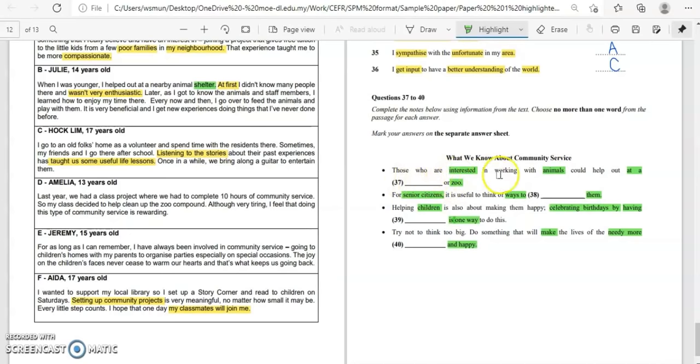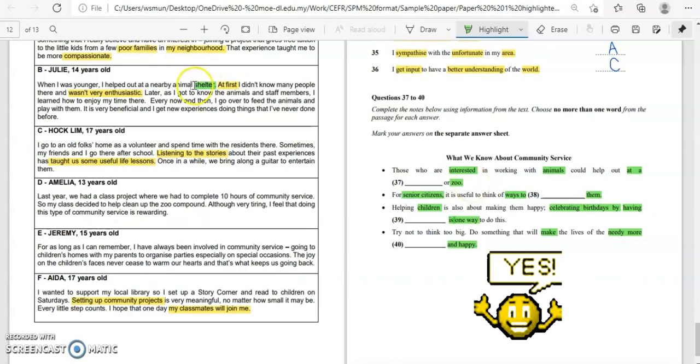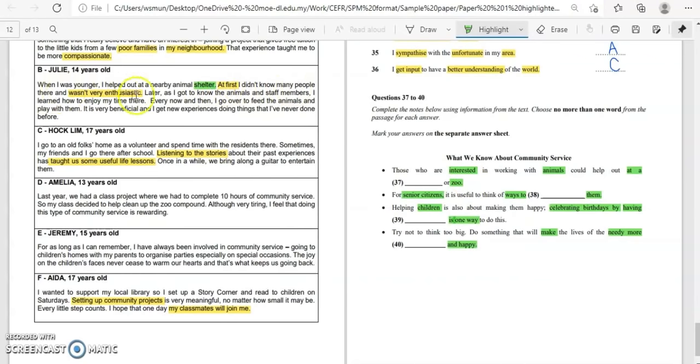Those who are interested in working with animals could help out at a shelter or zoo. Does it sound right? And does it fit grammatically in this sentence? Yes, it does. But you still need to scan through the whole paragraph again to make sure there is no other more suitable word to be filled in here. Carry on with question 38.